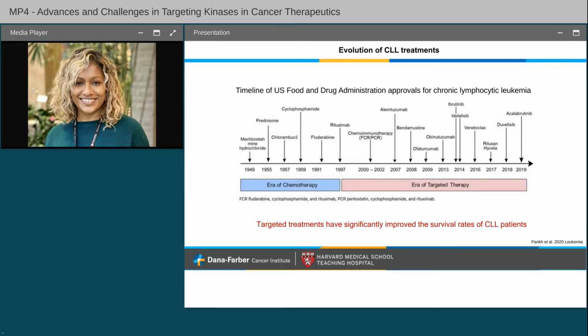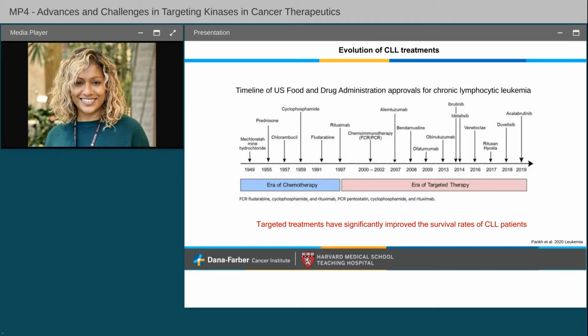So this just shows a snapshot of the evolution of CLL treatments over time. And as you can see, the therapeutic landscape of CLL has significantly evolved as our understanding of this disease has advanced. The current CLL treatment includes chemotherapy agents, inhibitors of the BCR pathway, and an inhibitor that targets the cell death pathway.